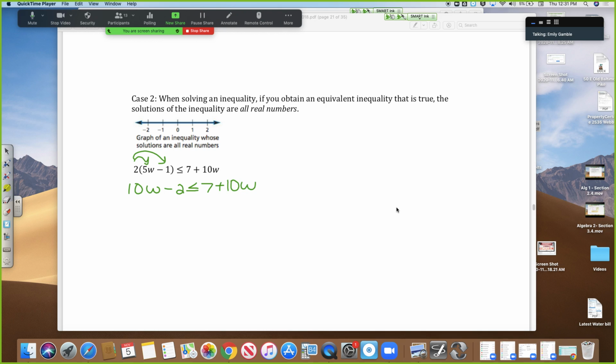To move all the variables to one side, I could subtract 10w from both sides, and they cancel out on both sides because you have equal numbers of variables on both sides.